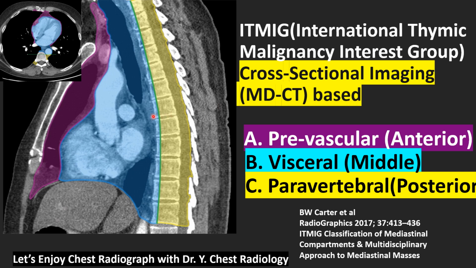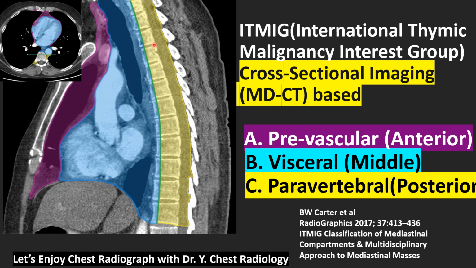So let's look at this sagittal CT image. The first one, the burgundy color of the anterior portion, is the prevascular space, prevascular compartment. And second, this blue zone, until 1 centimeter anterior to the vertebral body, is the visceral space, visceral compartment.